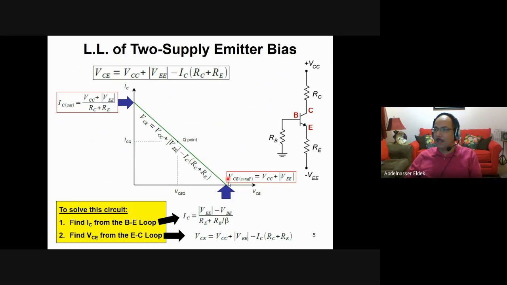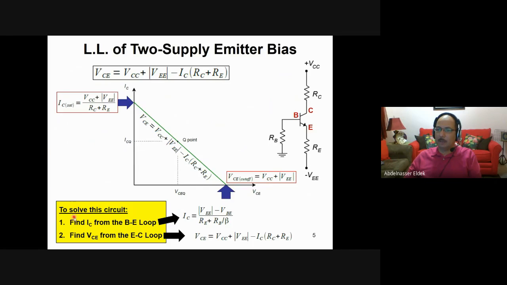If IC equals 0, I want to find this point. Then in this case, VCE equals VCC plus VEE. Here it is. This is the cutoff voltage, VCC plus VEE. Then you draw this line. Then you know that the operating point is on this line, anywhere here. Then you follow the steps to find the current IC and the voltage VCE.